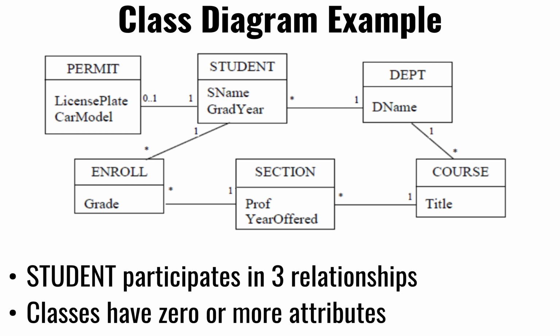It's a mechanism for the database to enforce certain constraints, but it's not really part of the data. So here we only have the fields that describe that concept. Course has a title, department has names, student has first name, last name, the date they graduate, and whatnot. Instead of primary keys and foreign keys, what we have is these lines.